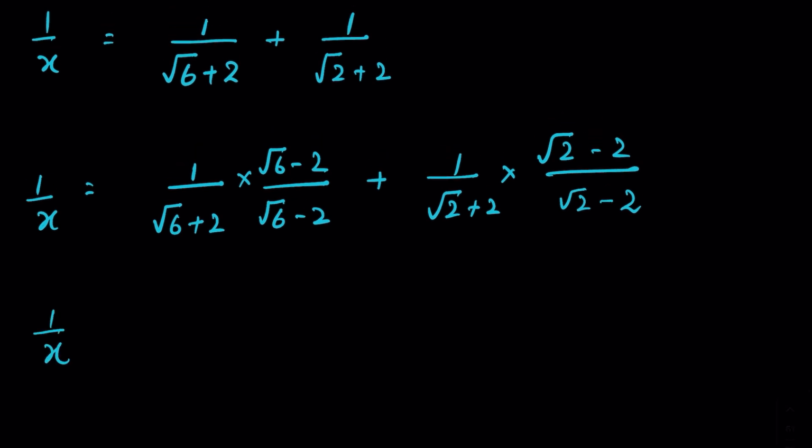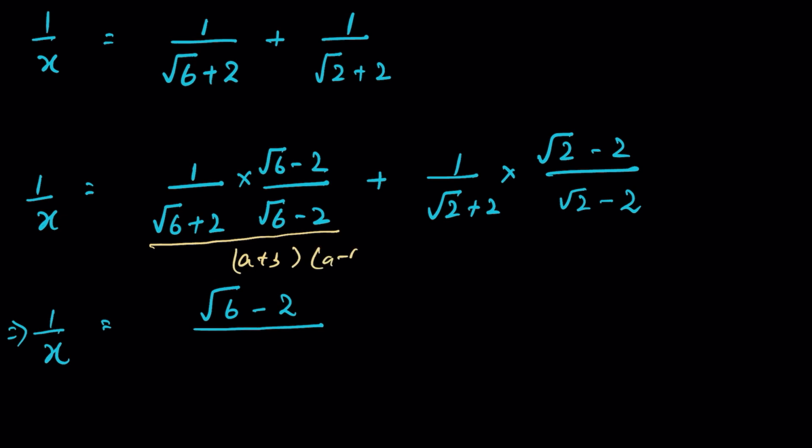or 1 upon x equals to square root of 6 minus 2 upon, now this is in the form of a plus b times a minus b, difference of squares, so we can write a square minus b square.